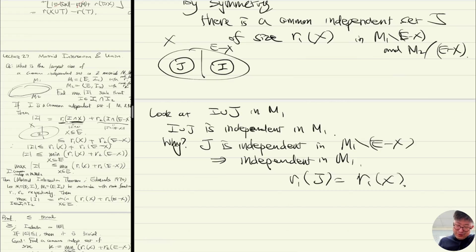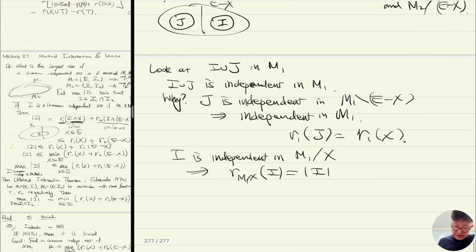Now, I know that I is independent in M1 contract X. So the rank in M1 contract X of I is equal to the size of I. So rank of I union X minus rank 1 of X is equal to the size of I. But what is rank 1 of X?